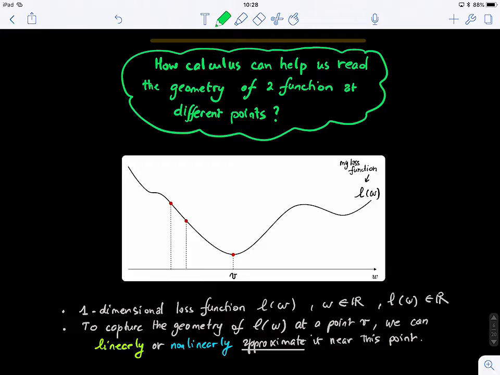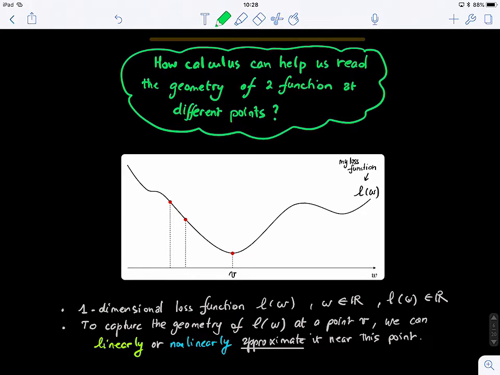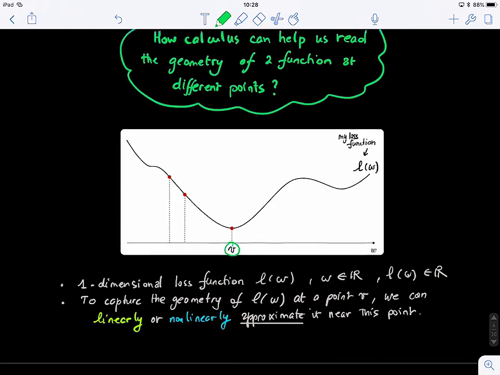So here we will talk about two things. First, local linear approximation of the function at a specific point V, and also nonlinear approximation. The first derivative is actually the linear, first order, most simple approximation of our function around that point, okay?